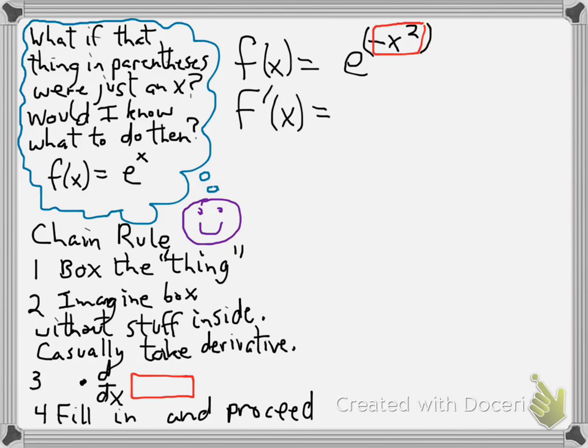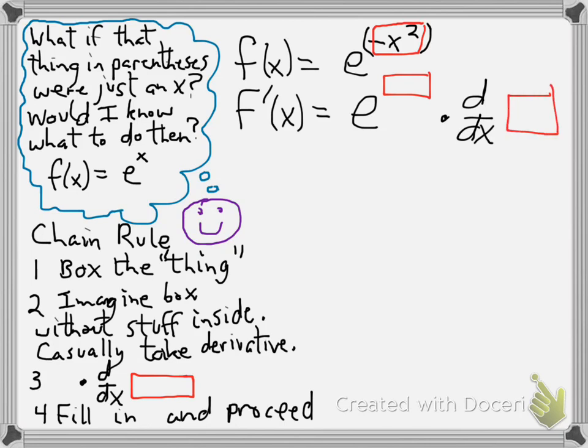So we go to step 2 and we call it e to the box, forget about the negative x squared, and casually, what is the derivative of e to the box? We would say e to the box. But then because it's not just e to the x, it is e to the something else, the chain rule requires that we say times d dx of box.